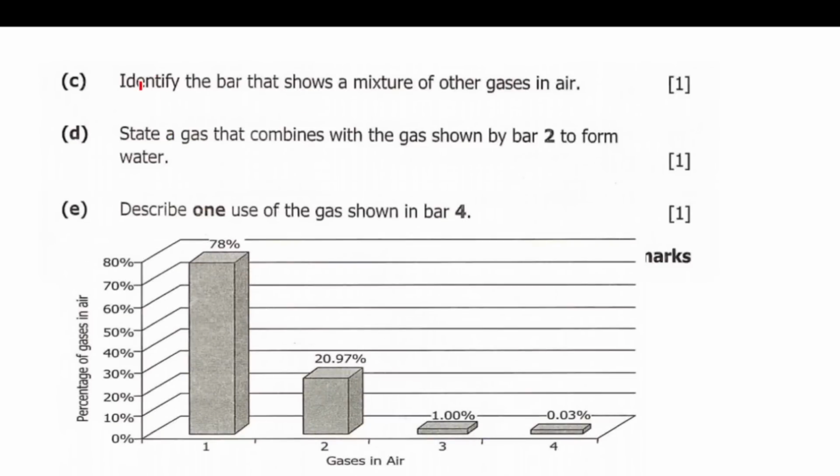C, identify the bar that shows a mixture of other gases in air. The bar that shows the mixture of other gases in air is 3 here.